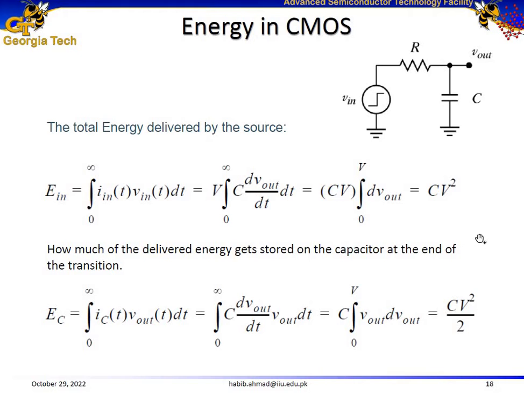We discussed it previously, but let me ask this question once again. The source is supplying CV square amount of energy, but the capacitor is charging CV square divided by 2. So it's storing half of the energy supplied by the source. Where does the rest of the half of energy go?